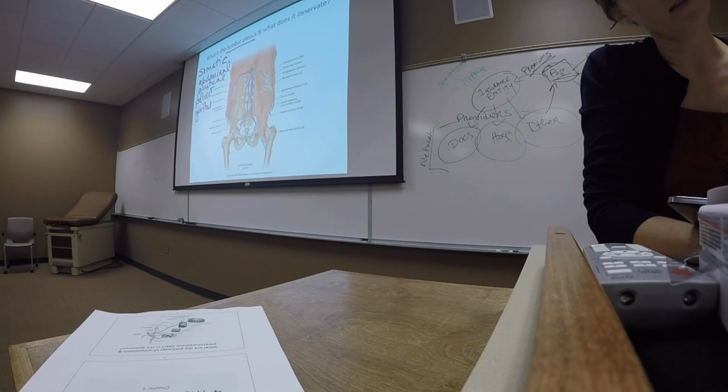And then the lower portion also innervates parts of the genital region. And then parts of the lower limb, so the thigh particularly.